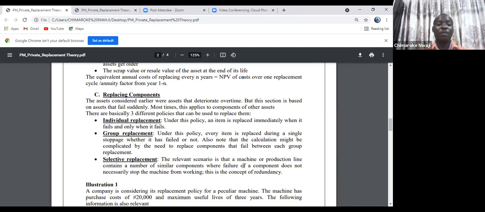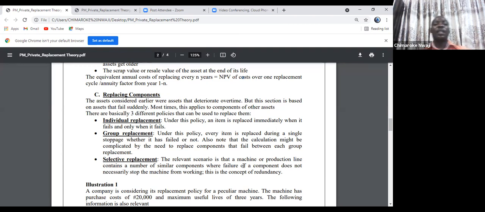You replace everything. Unlike the individual replacement where you identify the one that's failed and you replace it. Here you are replacing everything in the group. Also note that calculation might be complicated by the need to replace components that fail between each group replacement.